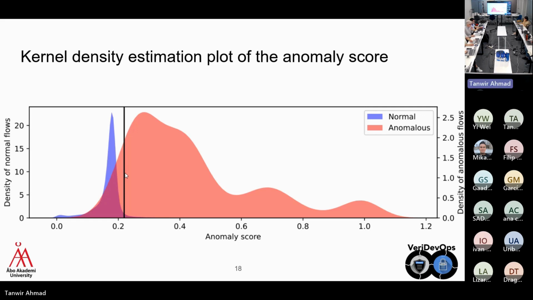It's quite challenging in anomaly detection to have the ideal threshold which clearly separates the normal traffic and the anomalous traffic, because some of the samples overlap. The way we calculate the threshold is the 99th percentile of the anomaly score on the normal samples from the training data set. So we don't calculate the threshold on the test data set. We just evaluate on the test data set.